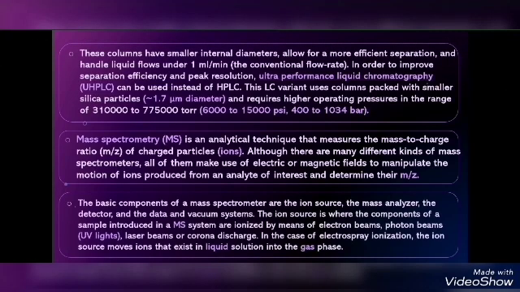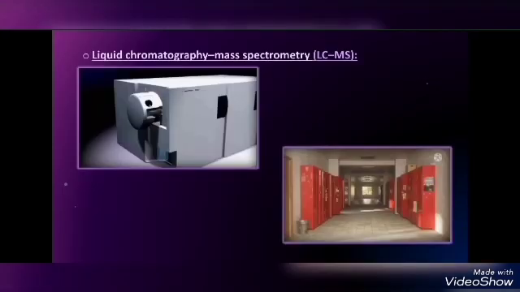The basic components of a mass spectrometer are the ion source, the mass analyzer, the detector, and the data and vacuum systems. The ion source is where the components of the sample introduced in an MS system are ionized by means of electron beams, photon beams, UV lights, laser beams, or corona discharge. In the case of electrospray ionization, the ion source moves ions that exist in liquid solution into the gas phase.